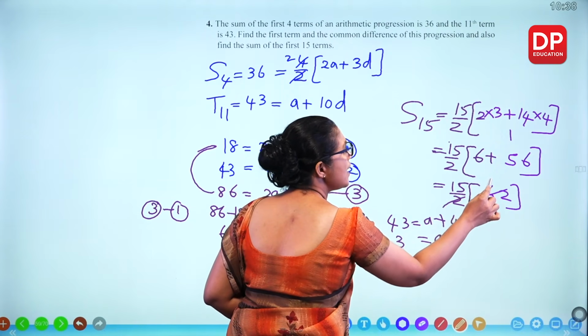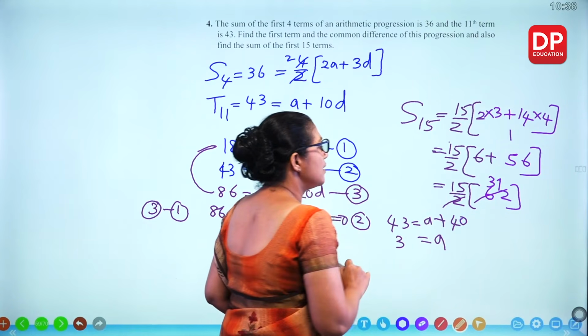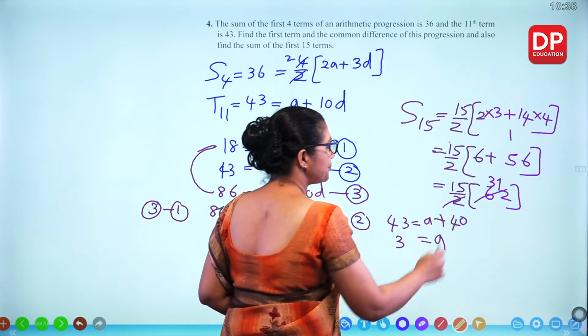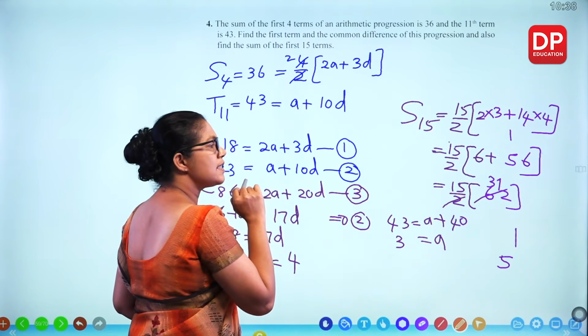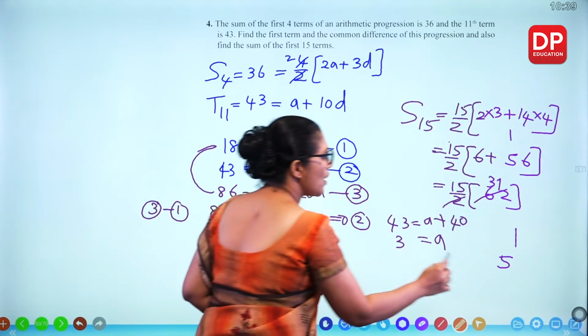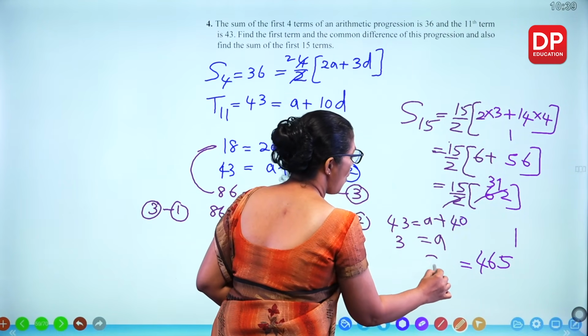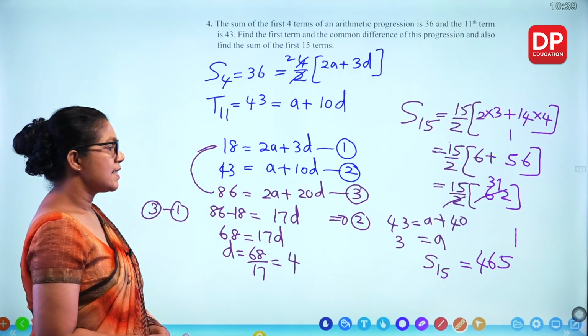Then you divide, you get 31. 31 times 15. 15 times 1, 15. 15 times 3, 45 plus 1, 46. So the sum of all 15 terms is 465.